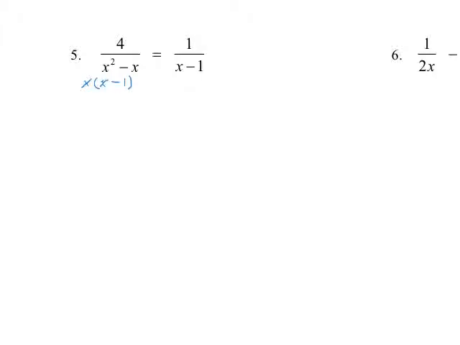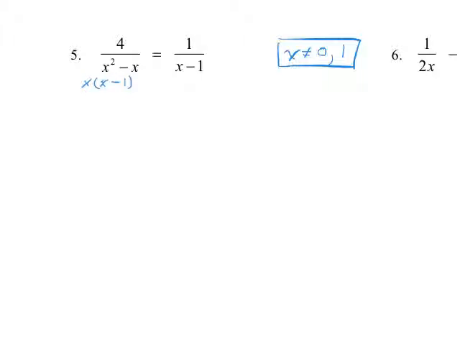So that will be our lowest common denominator, because as we can see on the right side, we have an x minus 1 as well. So maybe before we get to that, let's look at the non-permissible values. x can't equal 0, and x can't equal 1. So we'll keep those in mind for when we finish our solution, and we'll look back to check.